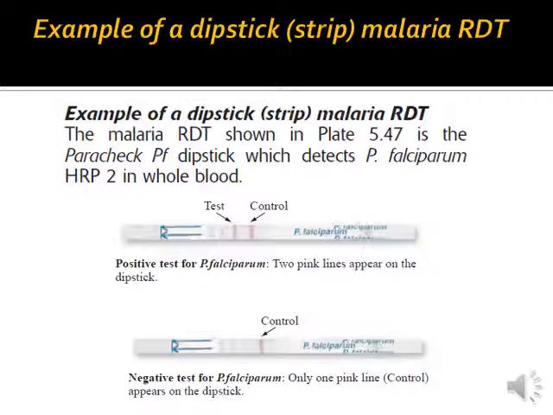So even if the test is negative, the colloidal gold particles are going to get bound with the control line since it is containing antibodies against the colloidal gold particles, while the test line is containing antibodies against the colloidal gold conjugate with the specific antigen which you are going to test.